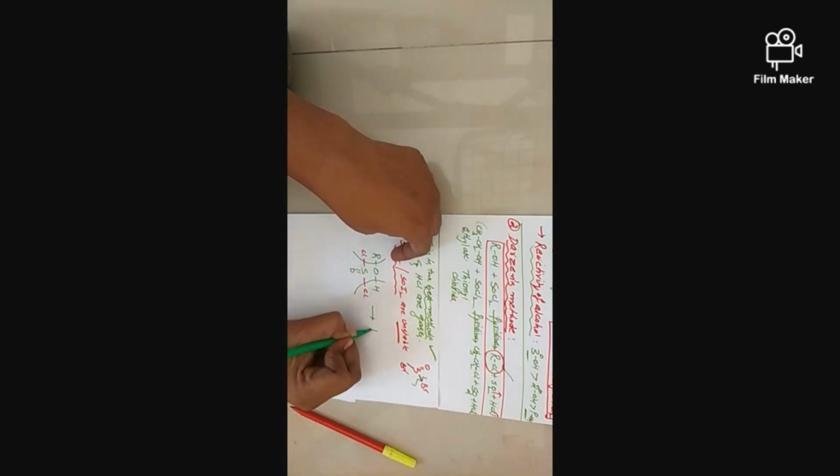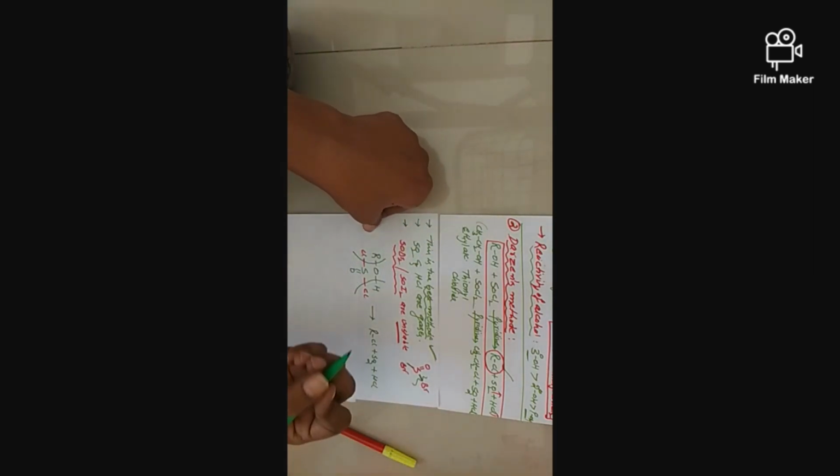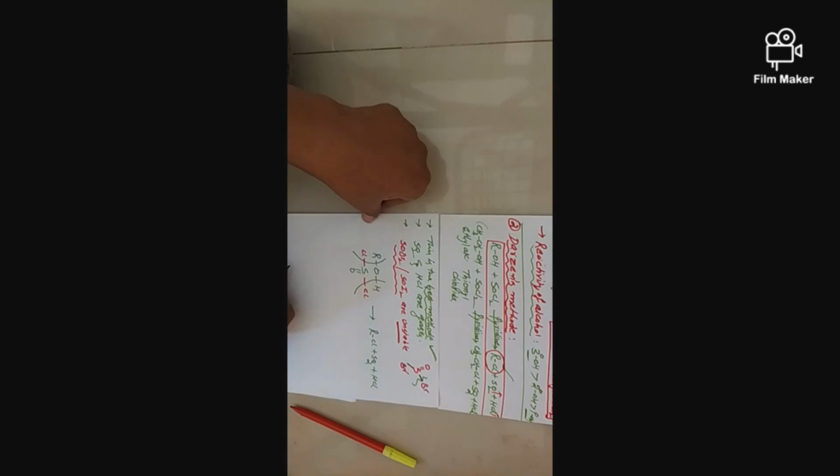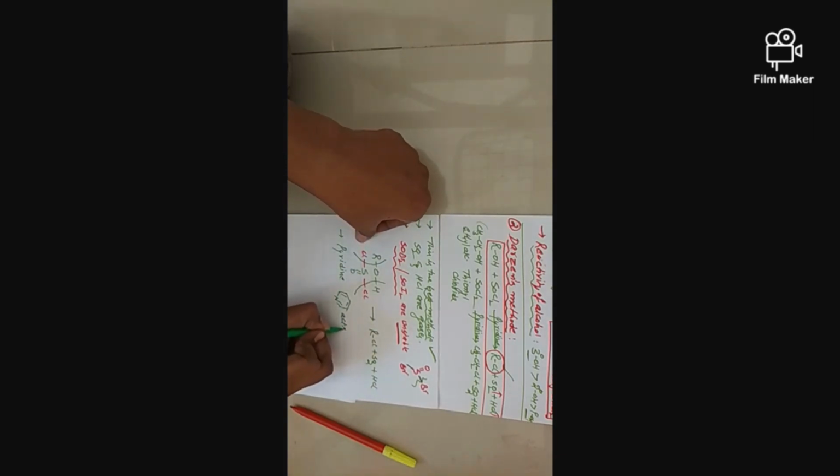We get R-Cl plus SO2 plus HCl. This is the easy technique to remember D'Orgen's process. Here pyridine: if in benzene we take nitrogen instead of one carbon, we get pyridine. It acts as a catalyst.